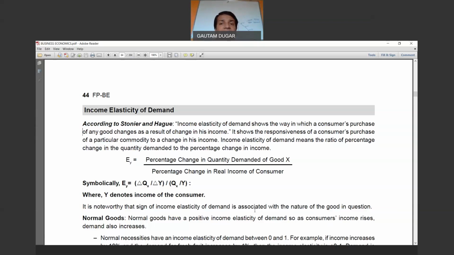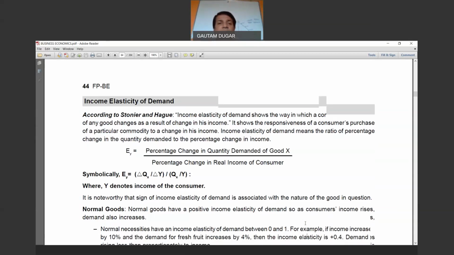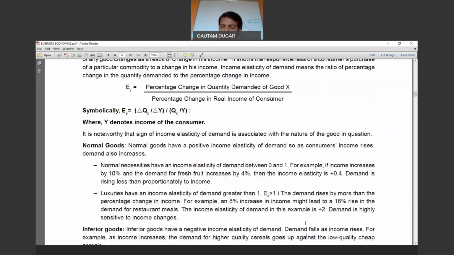Next, in the case of normal goods, we generally have a positive income elasticity, whereas in the case of inferior goods, we have negative income elasticity.